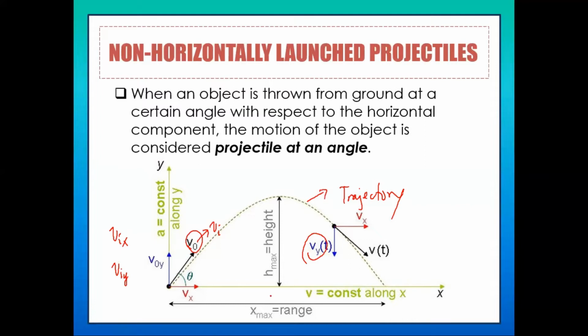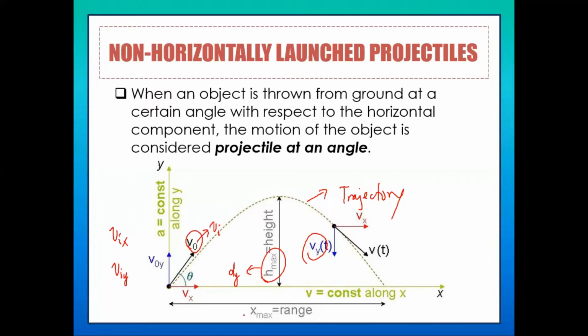Another thing you have to be mindful of in this illustration is the maximum height. We denote it as h max, or in other physics books, d sub y, the distance at the y component. The maximum height is the highest vertical position along its trajectory.